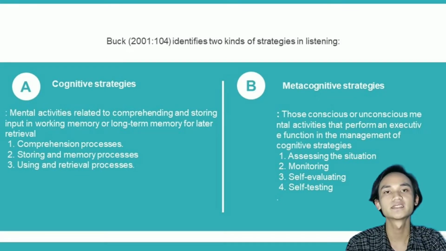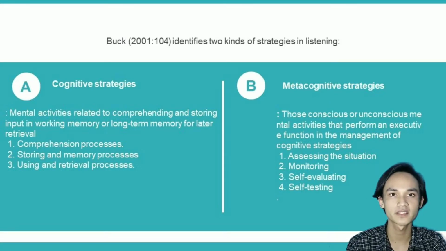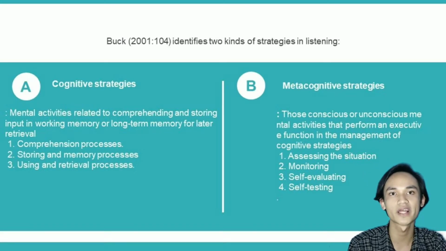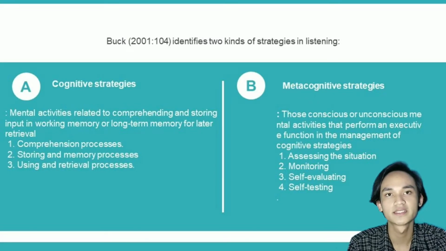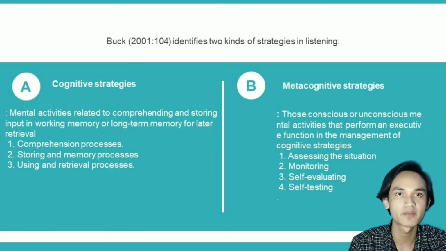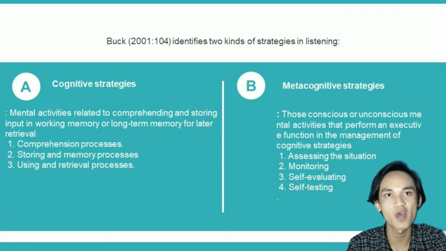The second is monitoring. Monitoring is determining the effectiveness of one's own or another's performance while engaged in a task. The third is self-evaluating. Self-evaluating is determining the effectiveness of one's own or another's performance after engaging in the activity.